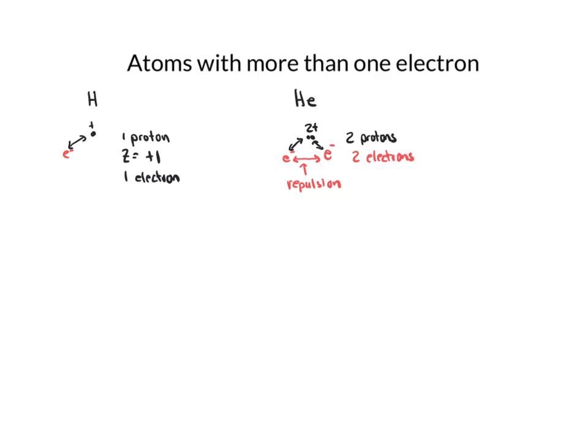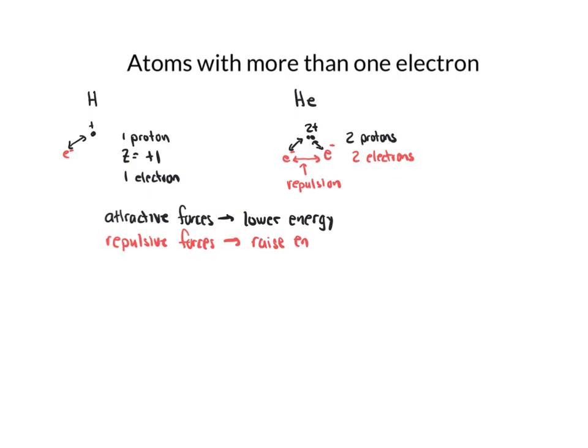Now, the key here is that attractive energies, or attractive forces, lower the energy of the system. So the stronger the attractive force, the more the energy gets lowered. But repulsive forces actually raise the energy of the system.